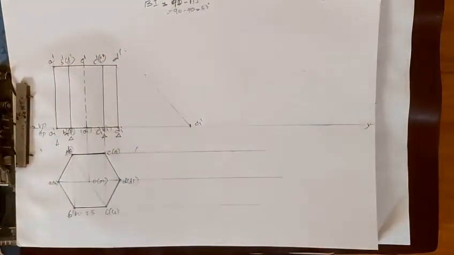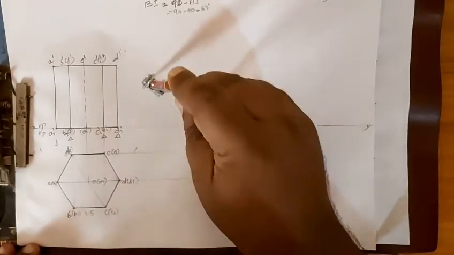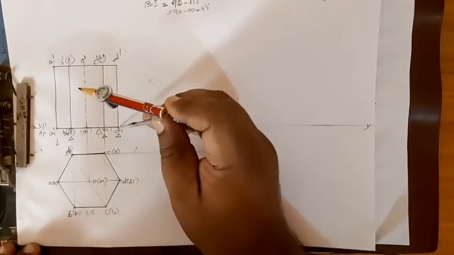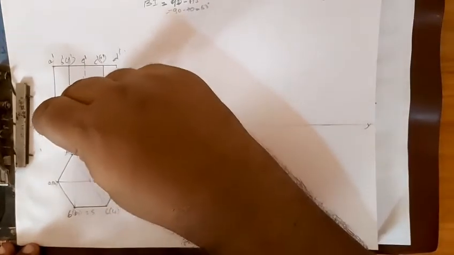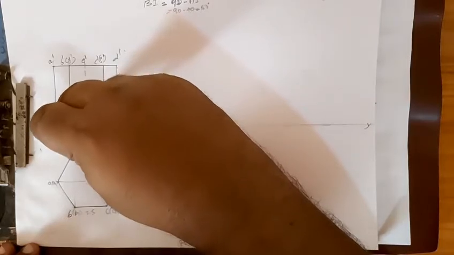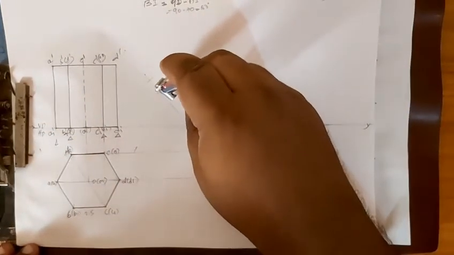Right. Now we'll cut this, and then we'll take distance F dash, B dash, F dash.